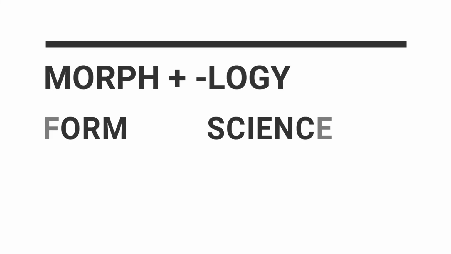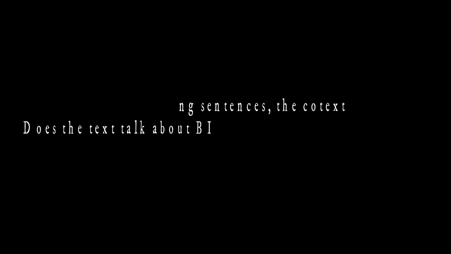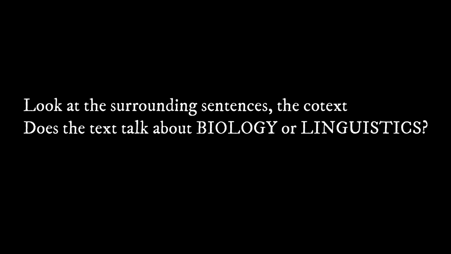Maybe you know that root morph means form and suffix logy means science or study of. But to determine the meaning, you'll need to look at the previous or adjacent sentences. See if the sentences surrounding the word morphology are talking about biology or linguistics.